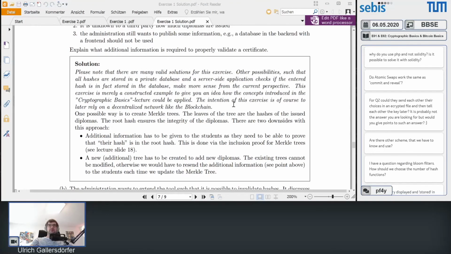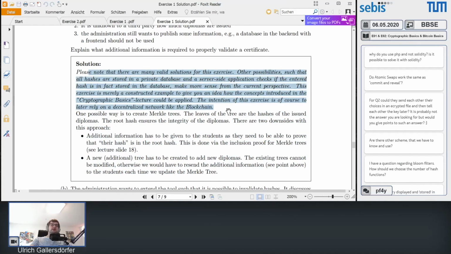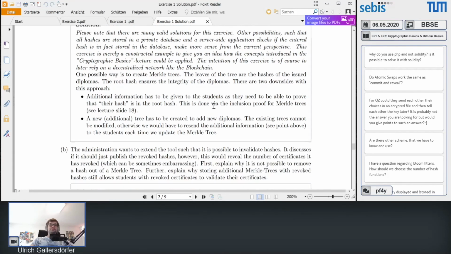That's also described here, and that is the solution. This is just a remark: this is not a real-world example, or not an example that we would expect to work that way, but it's rather for you to get a little bit of a feeling for Merkle trees.